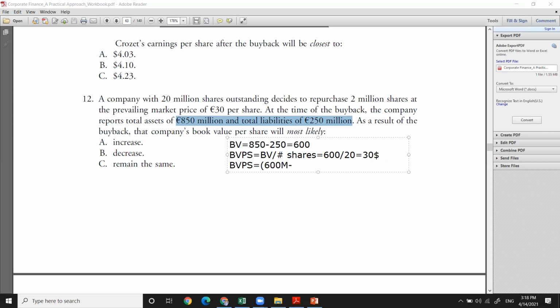How many shares will be repurchased? 2 million shares at the market price, so we subtract 2 million times $30 per share, and divide by the number of shares outstanding after the buyback, 20 million minus 2 million. And that should certainly give you $30 per share. Is that clear?